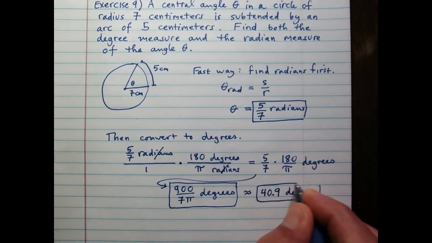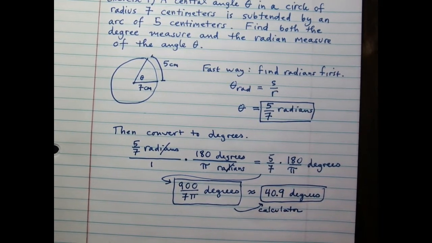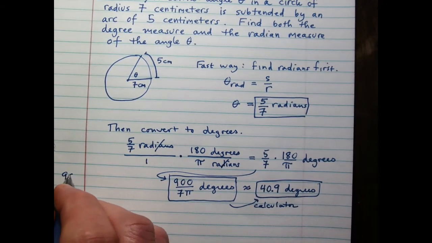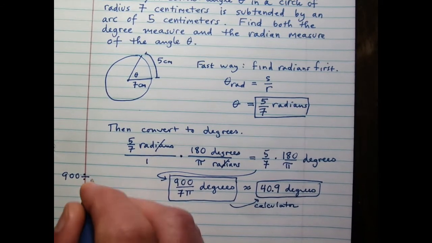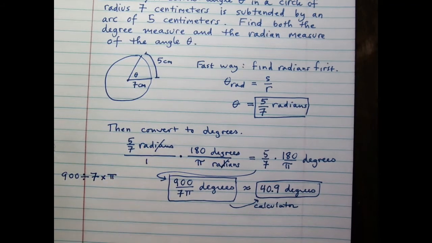And now I want you to check this on your own on a calculator to make sure you get the correct value. I have a lot of students who will make a mistake on this problem with the calculator where they do 900 divided by 7 times pi, and I'm going to do that right now.